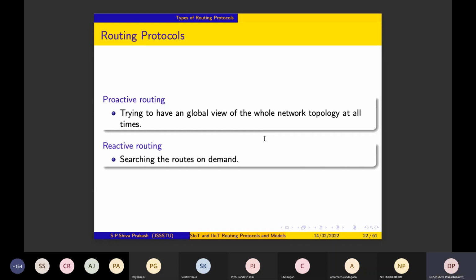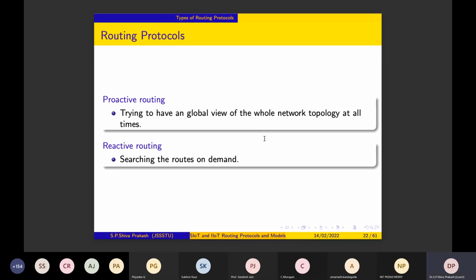Even though we have a shortest path between the source and the destination, if the intermediate devices are not ready to transfer data or exchange information, you cannot choose that particular path. So now how do I find this?